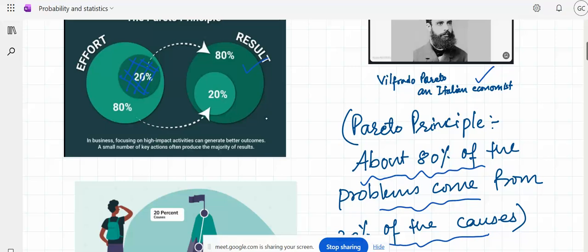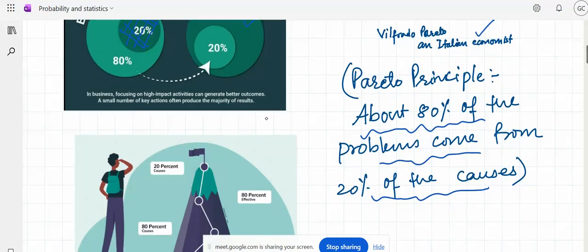Now what we are saying is, in a Pareto diagram, we would like to look at the causes of a particular problem, right? And we will be interested in knowing which causes are the most important for that particular problem. So I'm looking for a diagram which will tell me that, okay, these two causes are the most important. Right?